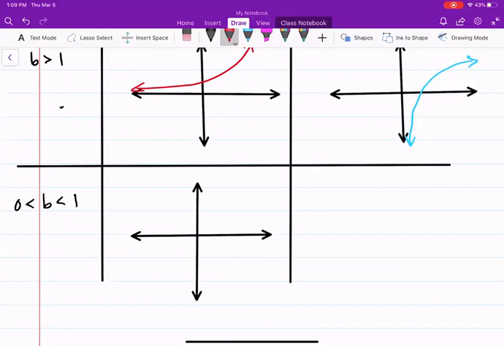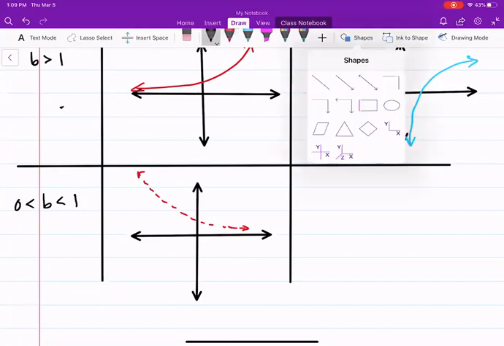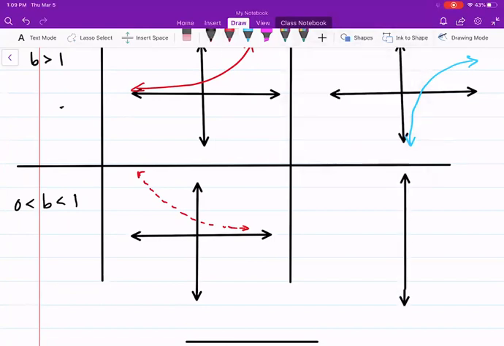It'll be decreasing. What do you think the log function would be if it was between 0 and 1?